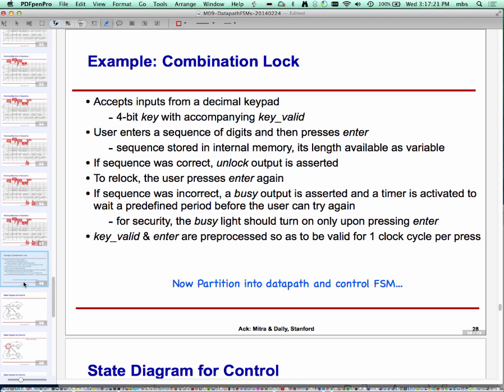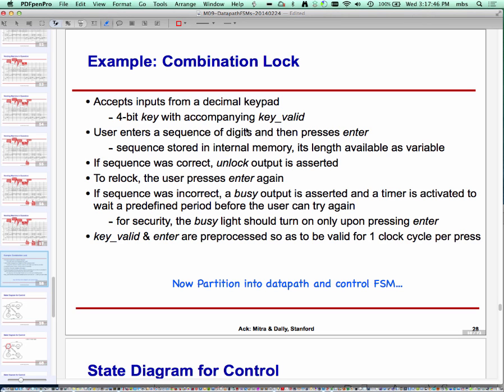Again, the decimal keypad, the output of this keypad has a 4-bit key value which tells me which key it is. So with 4 bits, I can represent all the 10 possible decimal keys, and I have a key valid. Whenever a valid key is pressed, the key valid is high, otherwise key valid is low. And whenever key valid is high, key tells you which key it is.